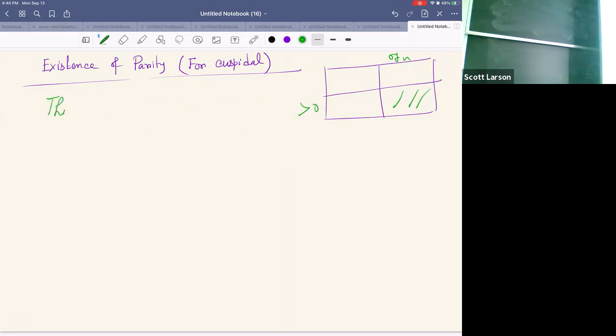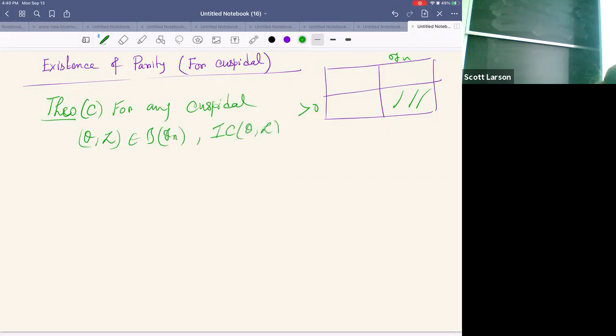So the theorem says that for any cuspidal (O, L) in IGN, IC(O, L) is clean.